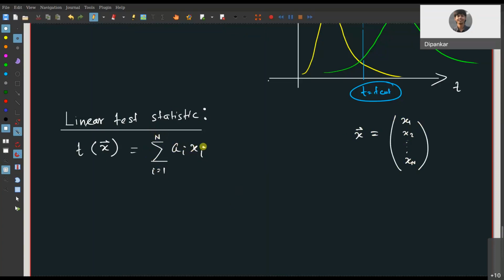That is the general form of the test statistic. For n equals 2, you have that thing. I will write this in a fancy form: A vector transpose times x vector. If x is a column vector, then A is also a column vector, A1 up to An. If you take the transpose, you get a row matrix. This is a convenient way of writing it.